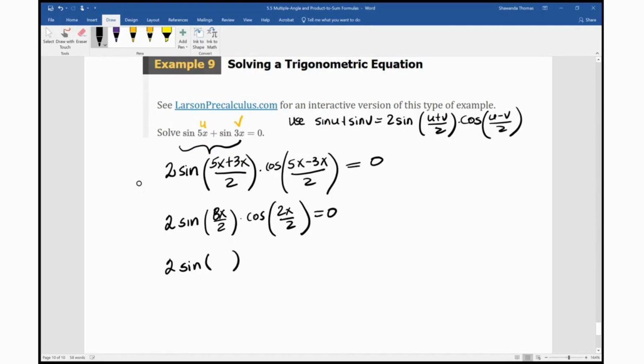8x divided by 2? 4x. And 2x over 2 is x. The 2's cancel out here. So we can't really do anything else other than divide by 2 at this point.